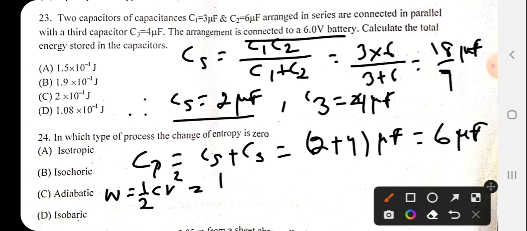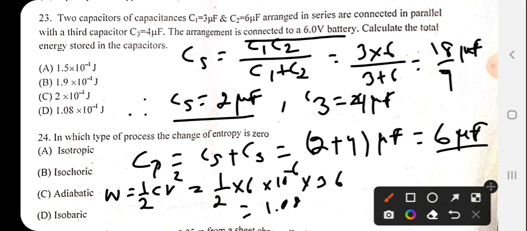So this equals half into the effective capacitance, that is 6 microfarad, 10 to the power minus 6, multiplied by V, which is 6, so 6 square will be 36. Solving this, the answer will be 1.08 multiplied by 10 to the power minus 4 joule. So option number D will be the answer.